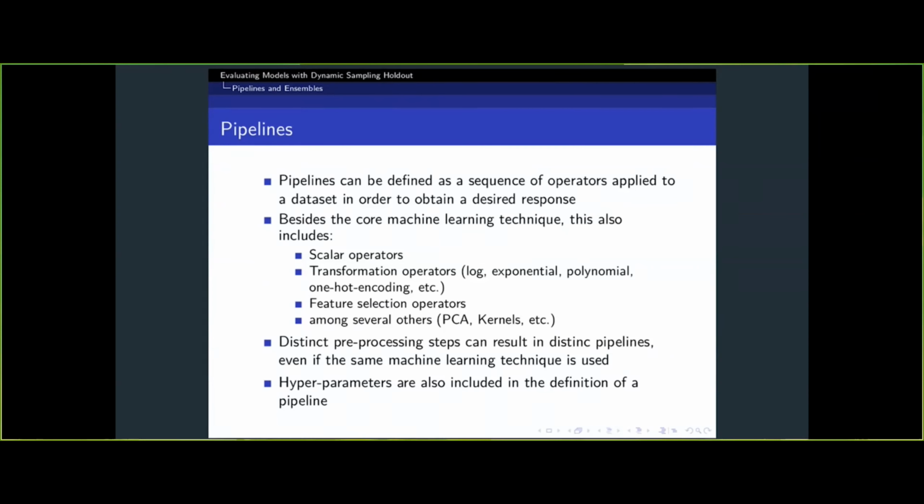This inclusion of preprocessing is needed because preprocessing steps may have a large impact on the behavior and performance of a machine learning technique, and its choice is very specific for each technique. So it makes sense that we include the definition of these operations together with the machine learning core. In the same sense, when we're talking about pipelines, we include hyperparameters as well, okay?